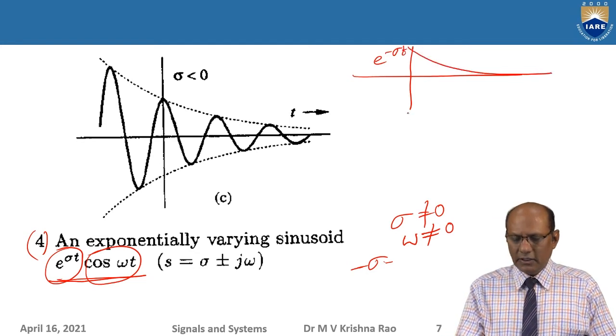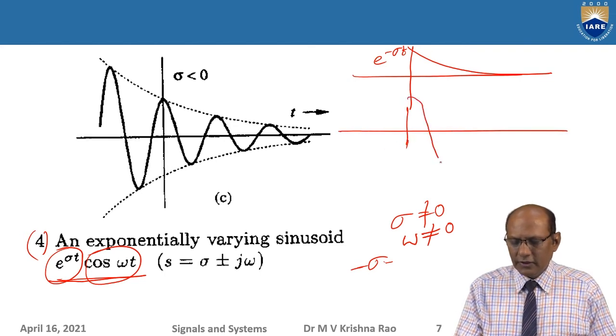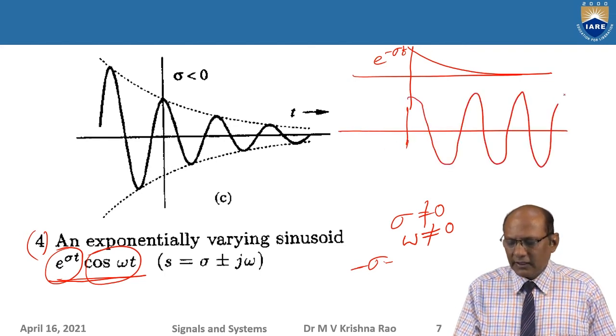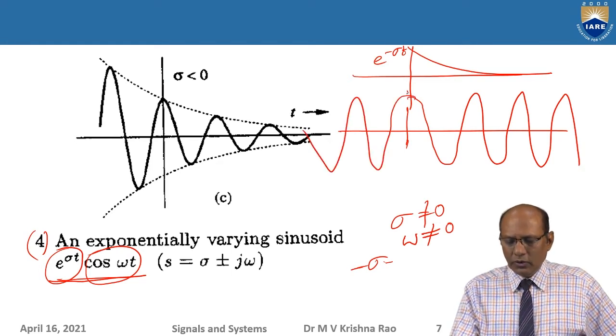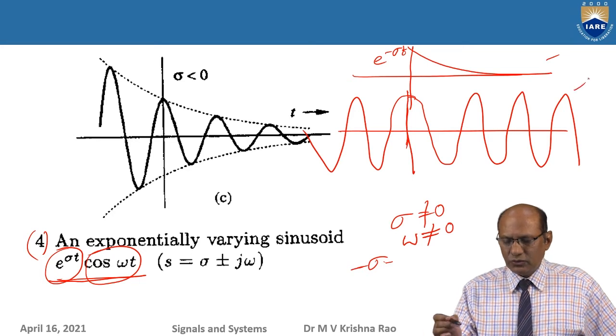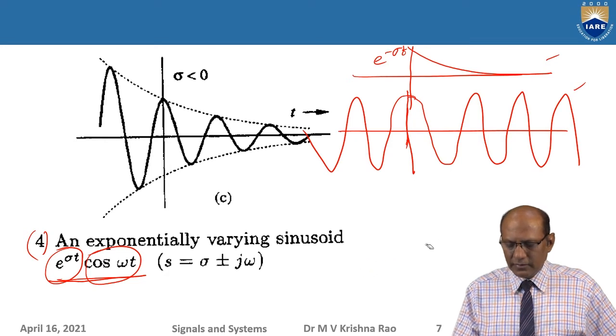It is a decaying function. Now what is the cos function? Cos is an infinite length cosine wave like this. Now I have to multiply these two. I am erasing this due to lack of space.